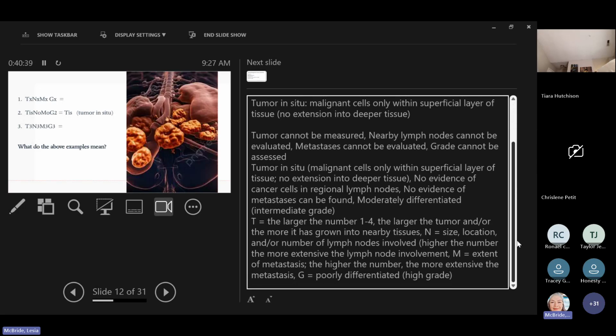Not quite at the 4, which would be the highest grade, but it's almost there. So the larger the tumor, the fact that it's in lymph nodes and has moved means that this cancer is going to be very difficult for us to fight.